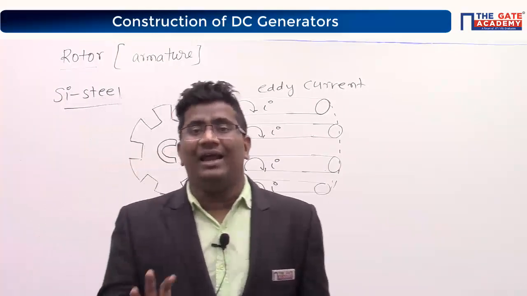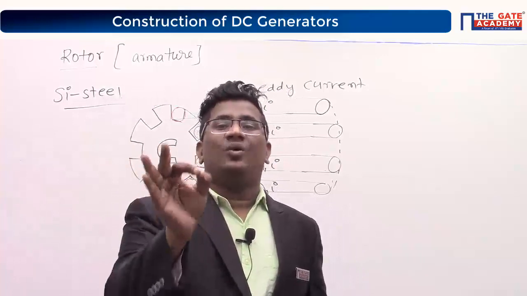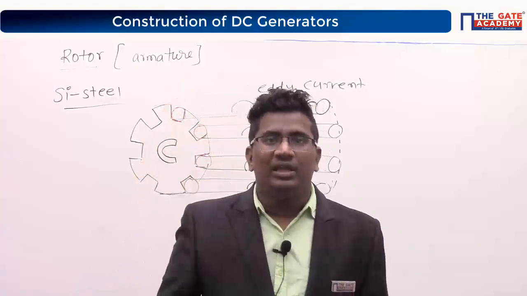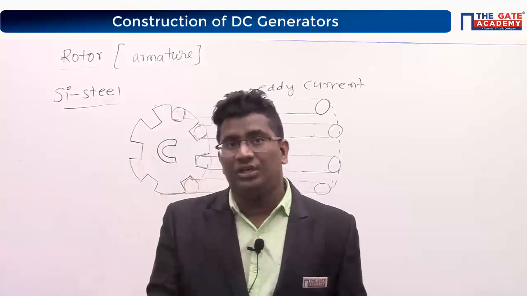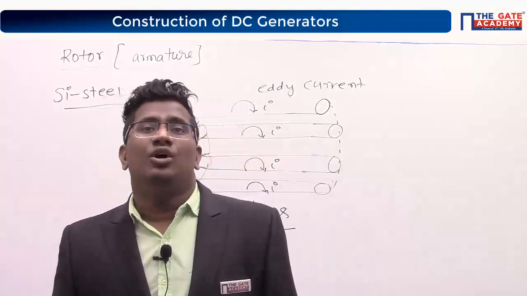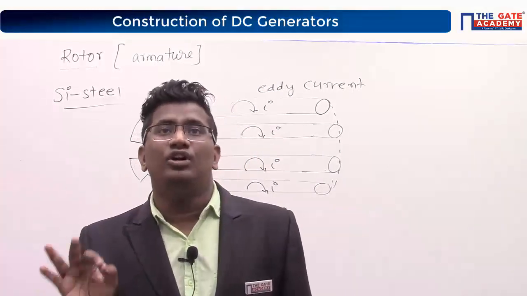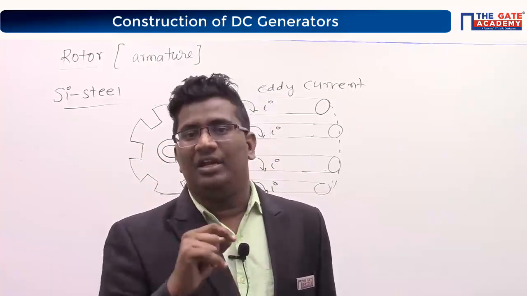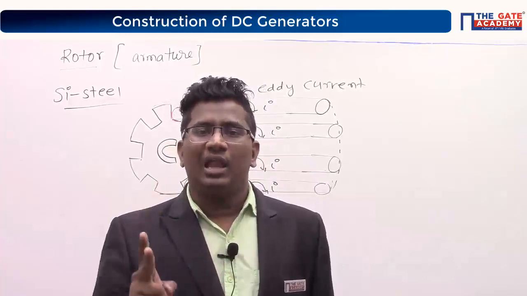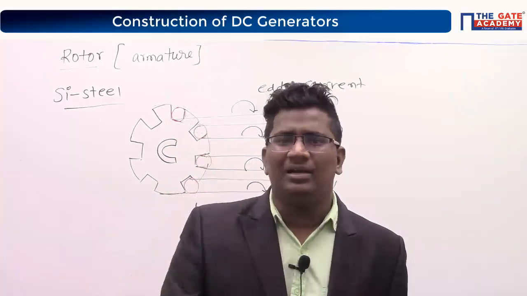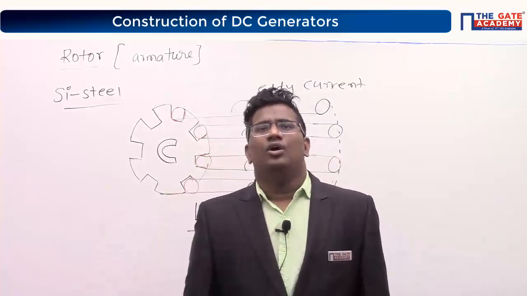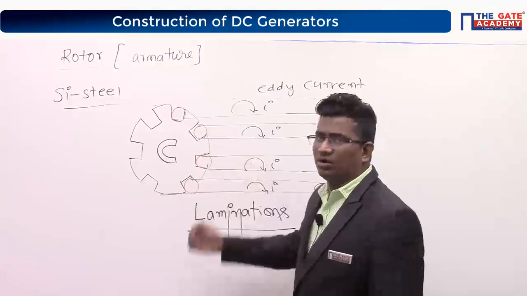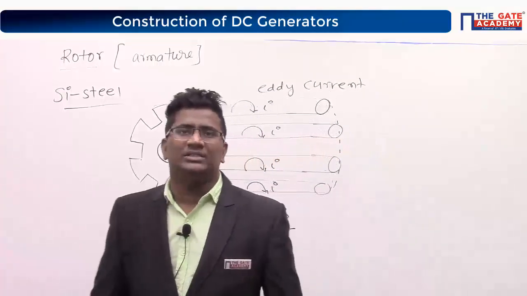Therefore in our entire DC machine, which parts require lamination and which parts do not? Pole shoe and armature, both require lamination. The rest of the parts don't require it. The pole shoe and rotor core, the armature, require laminations to reduce the eddy current losses. I hope this is clear, everybody.